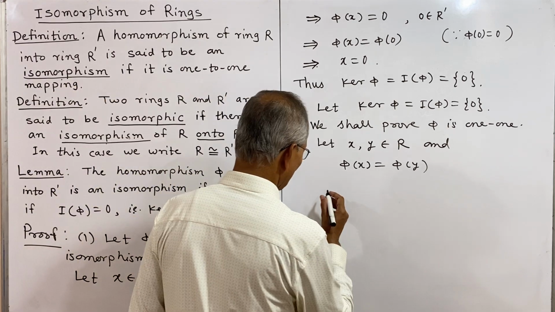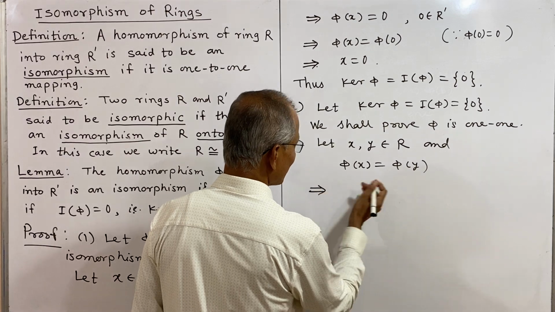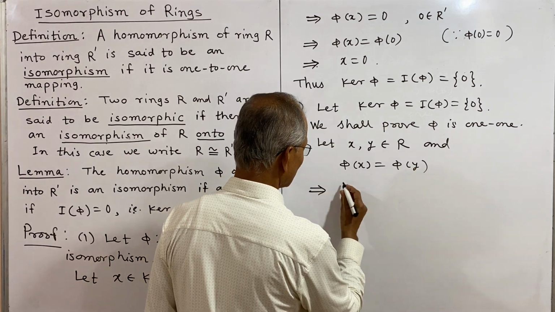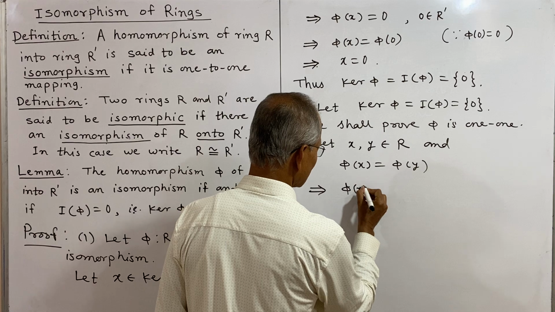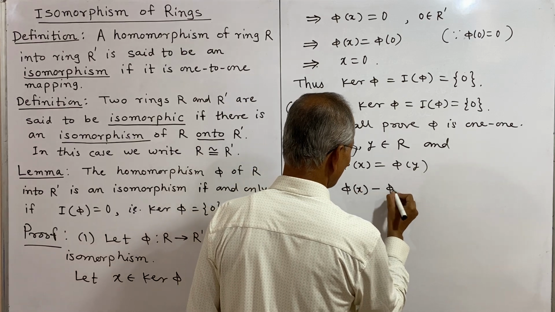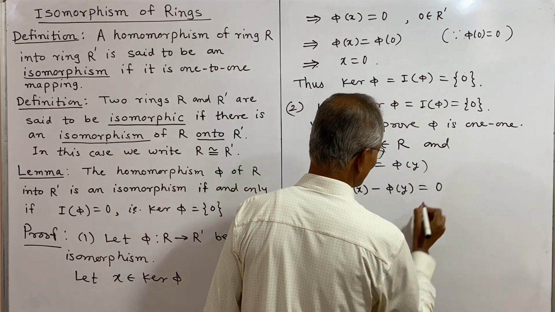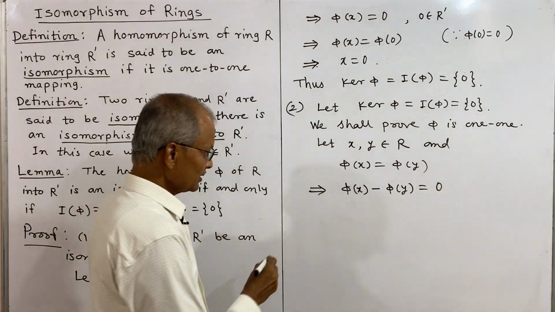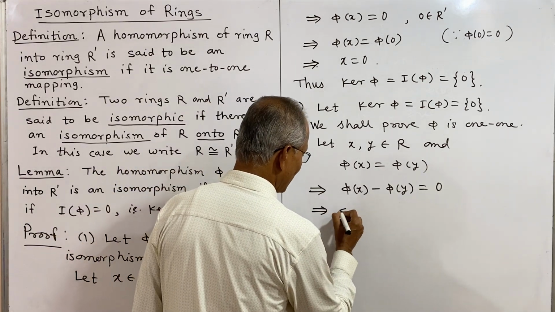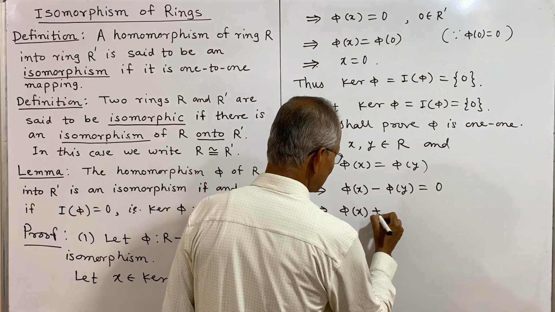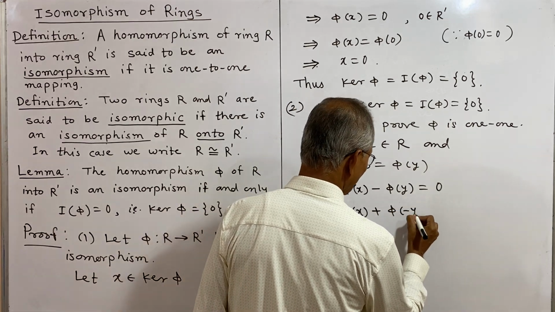So this further implies, we can consider this element on the left side, and that can be written as phi of x minus phi of y is equal to 0. Or this can be written as phi of x plus phi of negative y.